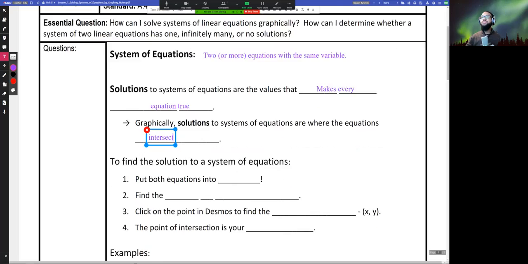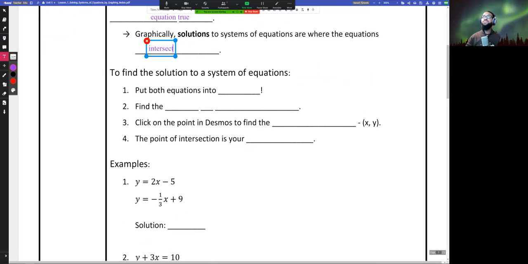And then to do this part, we've got a few steps. To find a solution to a system of equations, I'm going to type out these steps in red and make them bold and obvious. Our first step is to type it out into Desmos. Desmos is your best friend. It makes all this stuff super easy and simple. Once you type it into Desmos, you're going to find the point of intersection.